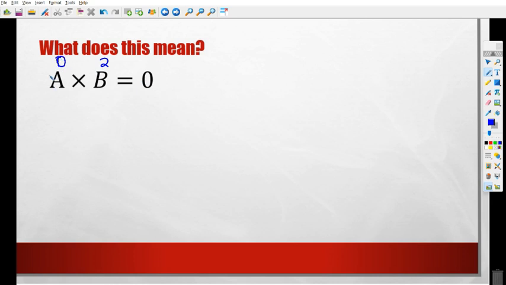Either a has to be 0, so 0 times 2, for example, is 0. Or b has to be 0. So if a is 2 and b is 0, we've got 2 times 0, which is 0. So either a must equal 0 or b must equal 0.